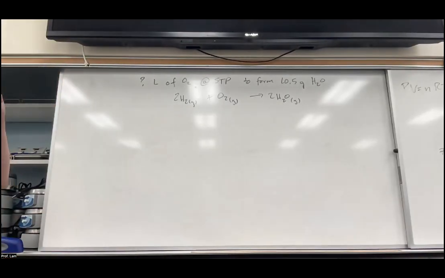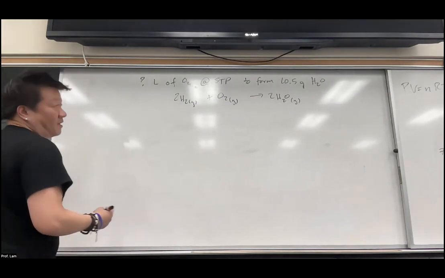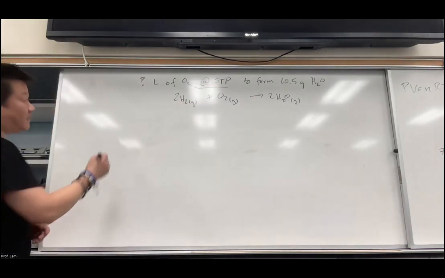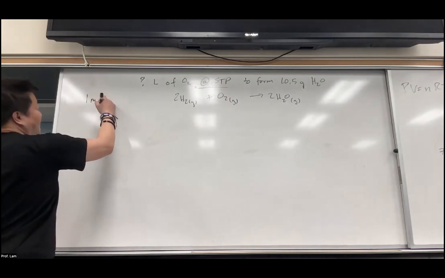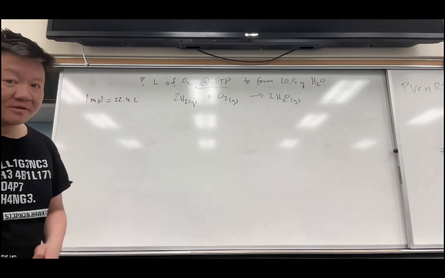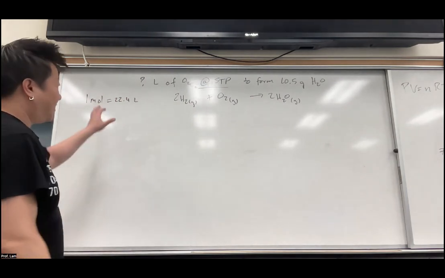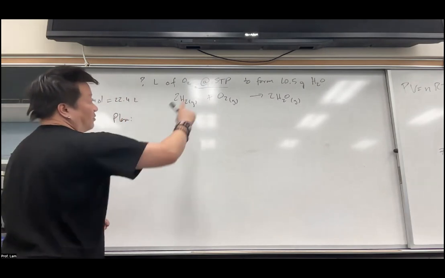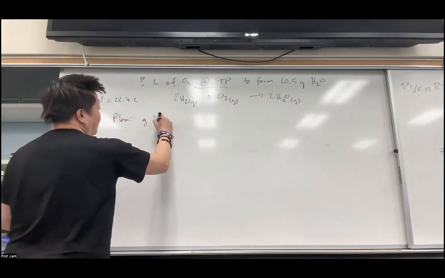All right, so again, we know, oh, it says at STP, yay, right? So then we just write that equivalency. 1 mole is taking up 22.4 liters, right? Doesn't matter what the gas is. And then we write our plan. We start with grams of water, right?